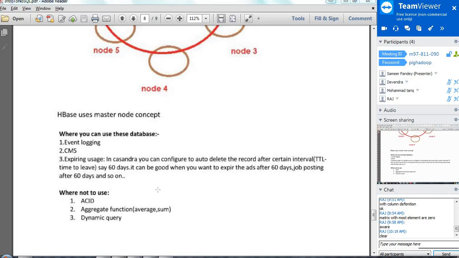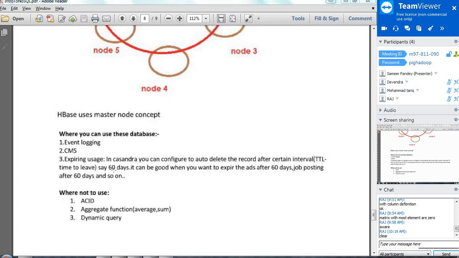Internally, the expiry date for that job posting is set to 30 days, and after 30 days that data itself will be removed from the list. So in the list of all jobs, you won't be able to see that requirement. Okay, so that is one of the uses of having expiry.